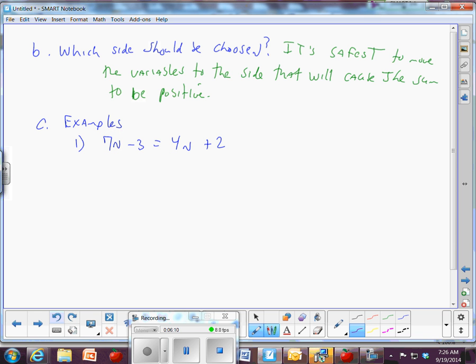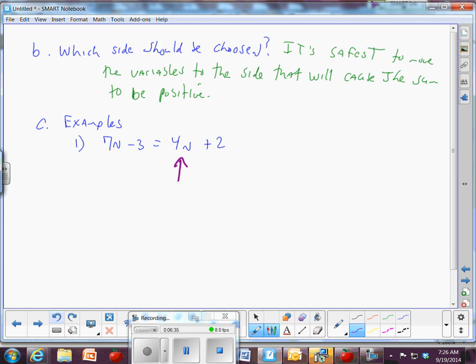7n on the left, 4n on the right. And so we have to choose either to move the 7n's from the left to the right, or to move the 4n's from the right to the left. Because we're going to be adding their opposite to both sides, moving the 7n would require adding a negative 7n to both sides. That's going to cause me to have a negative variable.